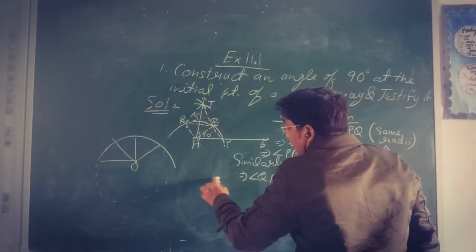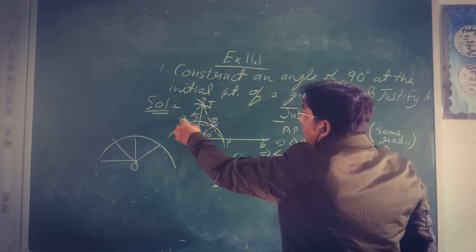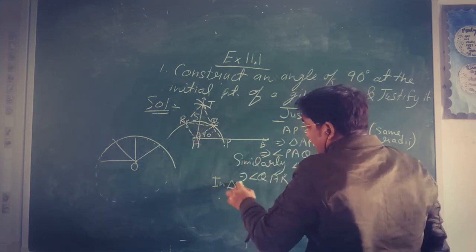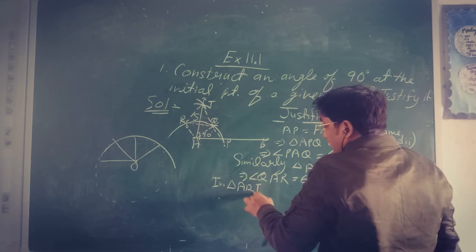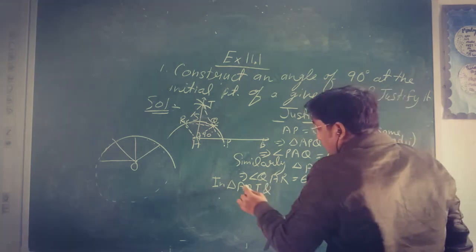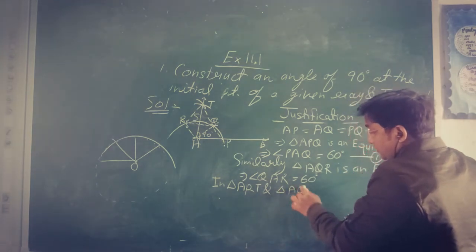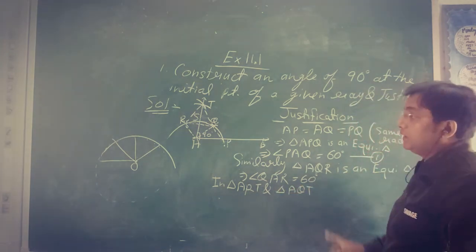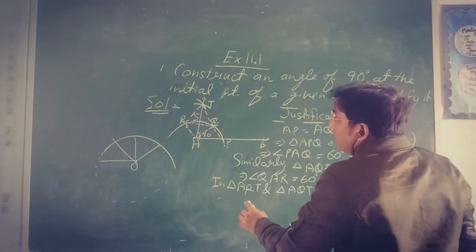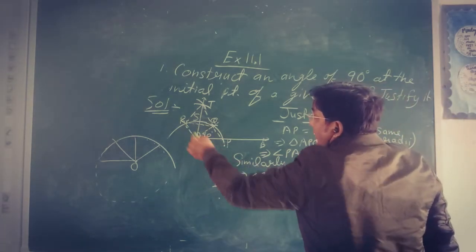So in triangle ART and triangle AQT, what do we have?